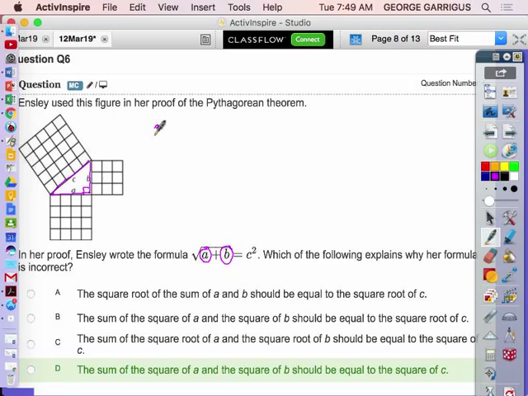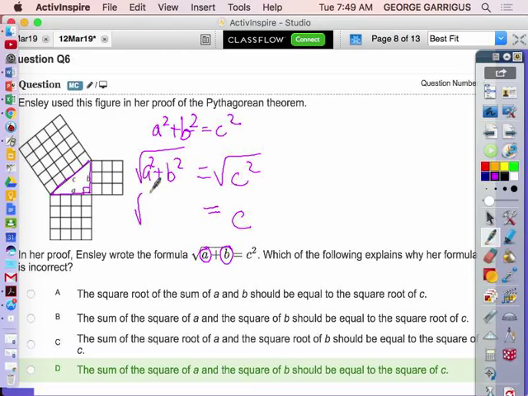Don't we know that the Pythagorean theorem is A squared plus B squared equals C squared. And then when we put in at the end to find C, we need to take the square root of C squared and take the root of the entire thing, A squared plus B squared. And simplified, that could be C. But still, you don't know A and B, so this is the farthest that she could simplify.